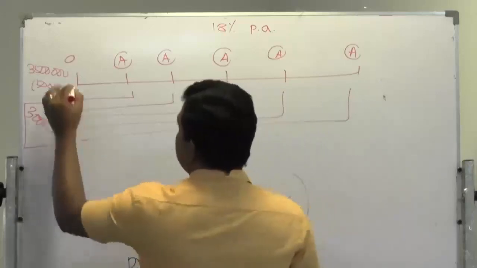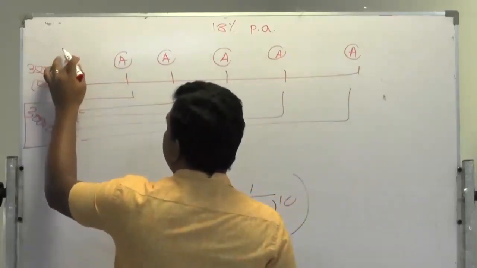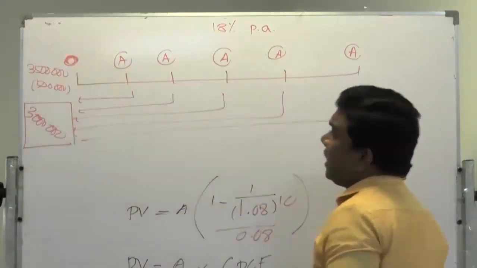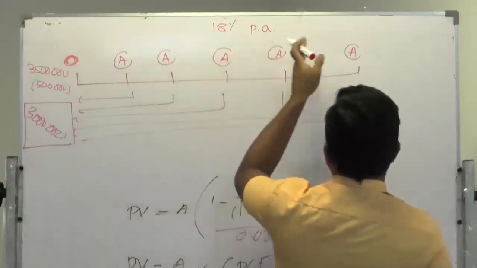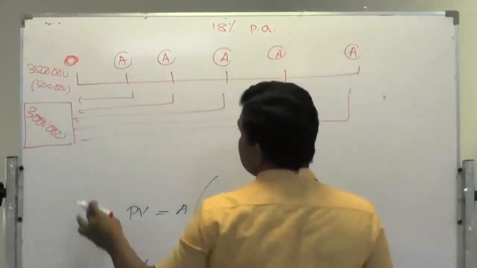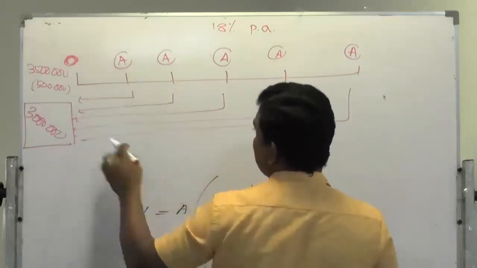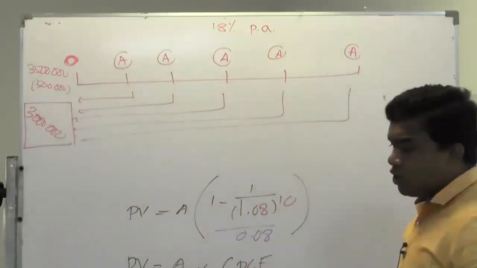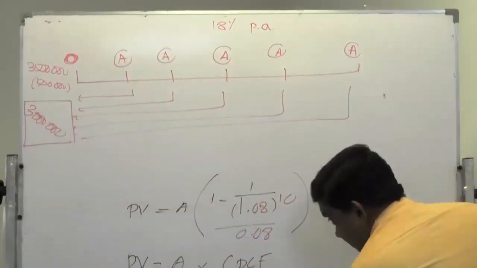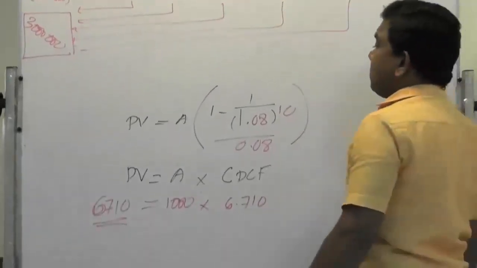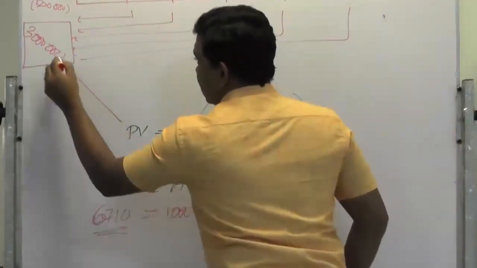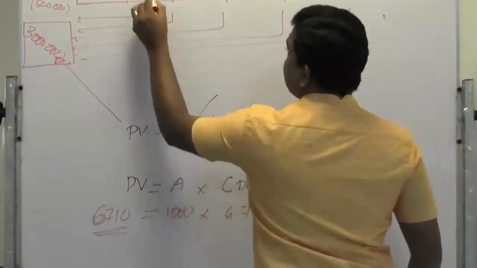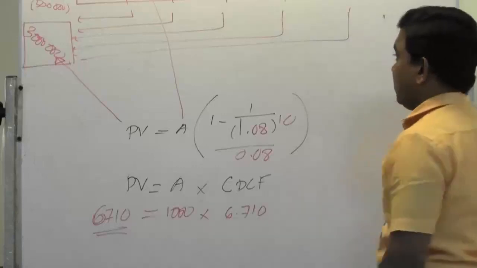Therefore today, at year 0, your loan value will be 3 million. Actually that is the present value. This should be paid including the interest with an annual equal installment, that is the annuity. Now they are asking what is the annuity value, because you have the present value. The same formula you can use, because present value of the annuity is equal to the loan, right? This is the loan. Annuity is the installment you pay.